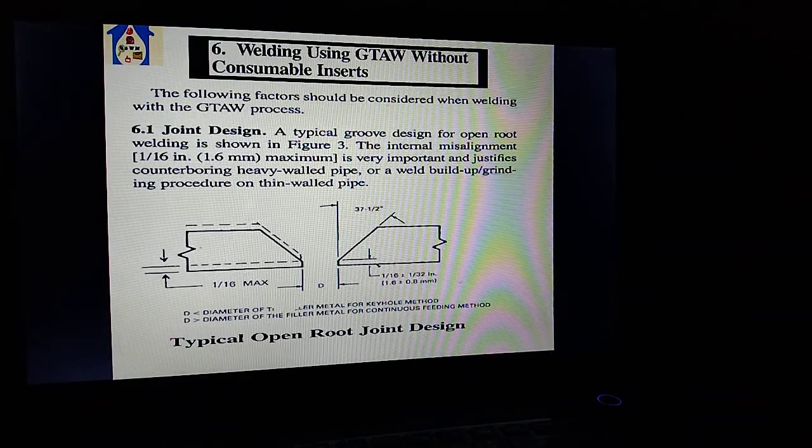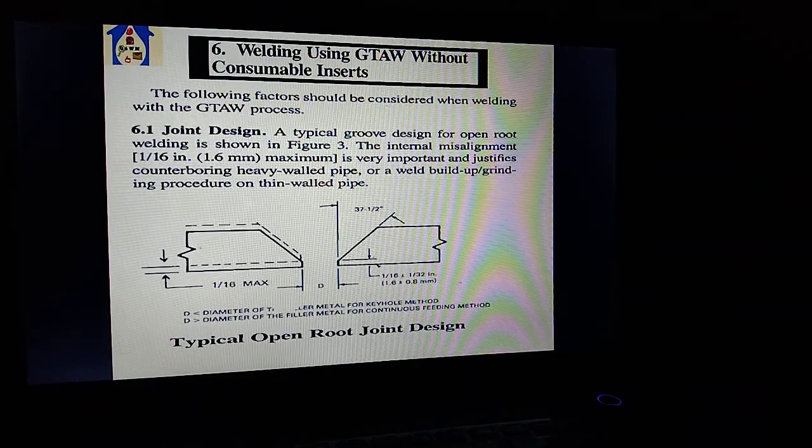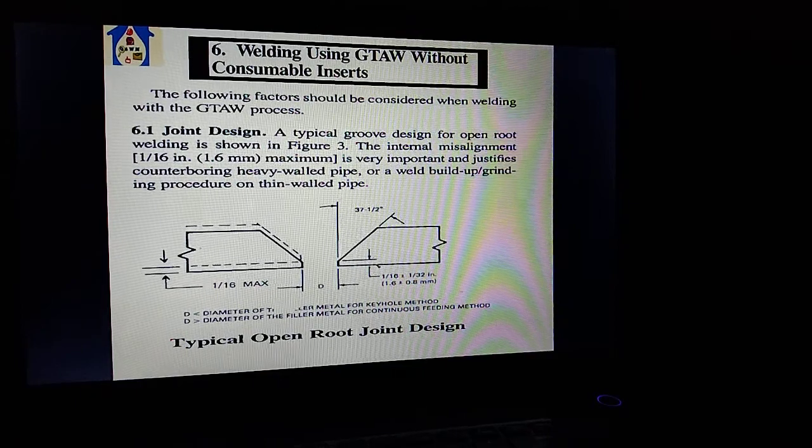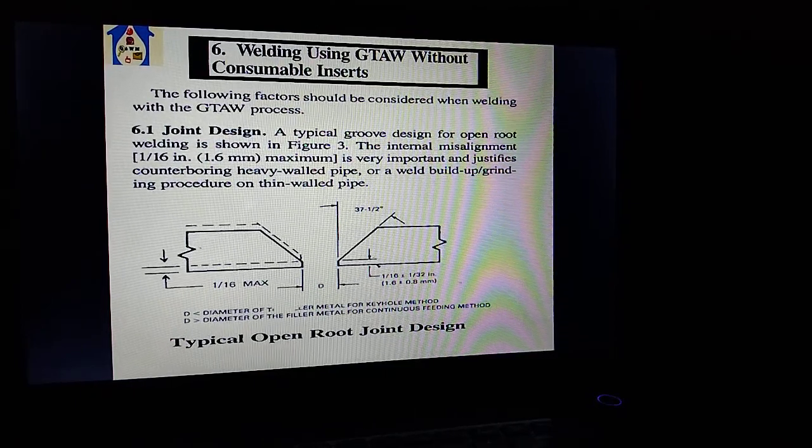The following factors should be considered when welding with the GTAW process. Joint design. Typical groove design for open root welding is shown in figure 3.